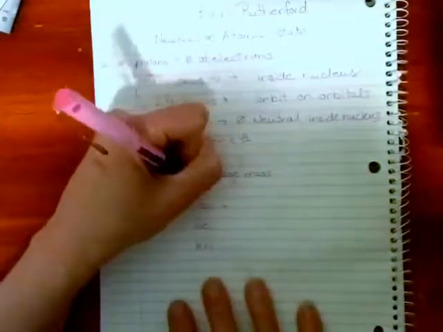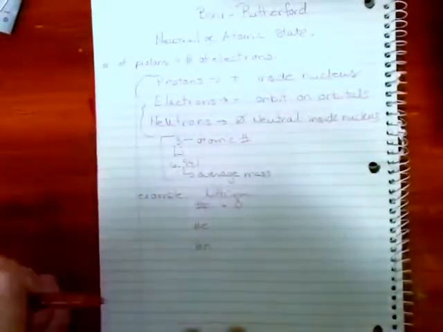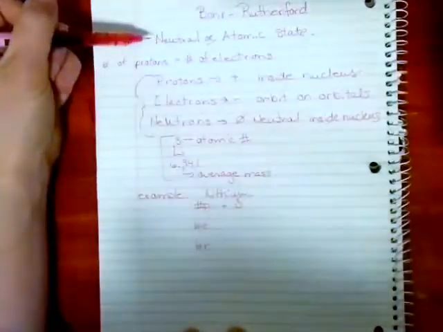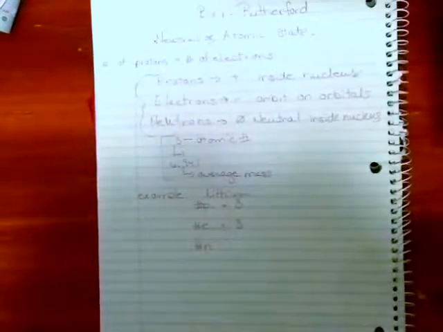So for lithium, let's write its name. Okay, so for lithium, this equals 3. All right, now we're drawing lithium in its neutral or atomic state, which means the number of protons equals the number of electrons. So then this also is 3.